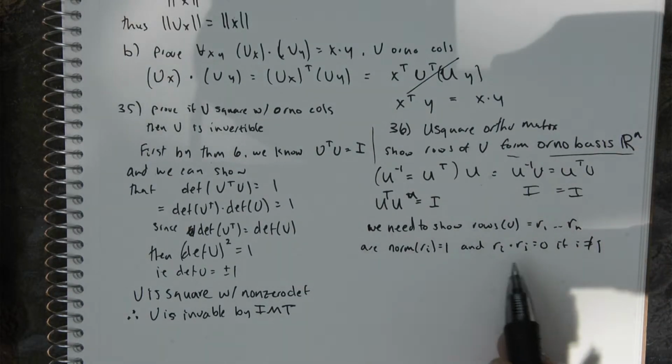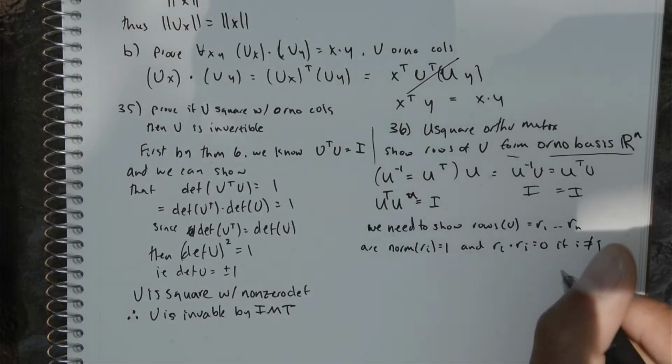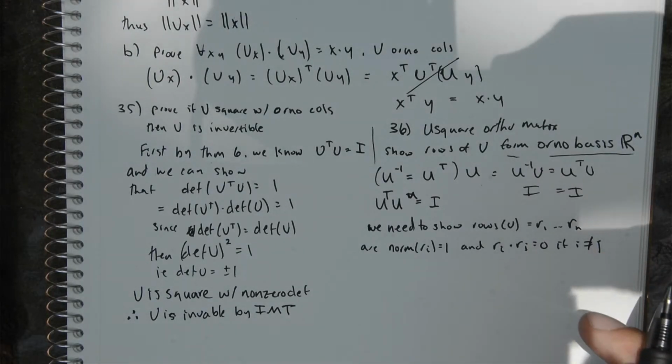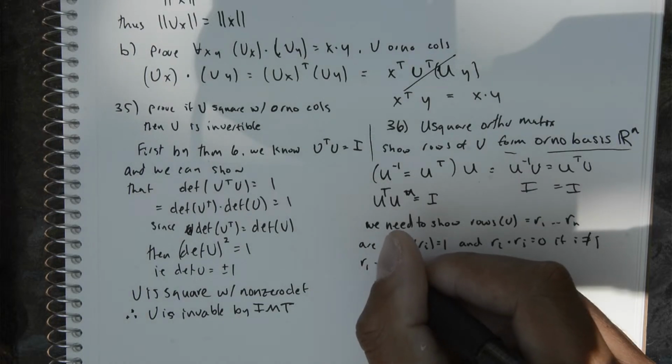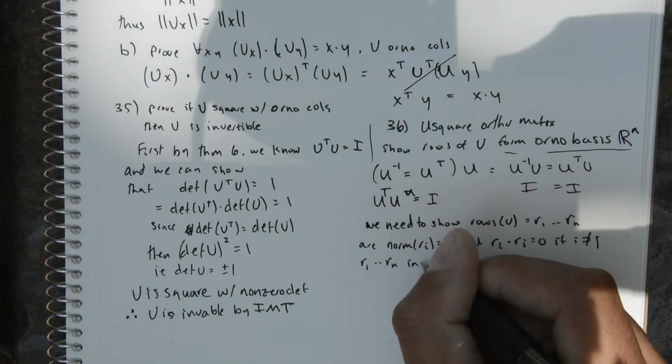So that's what it is. And I mean, this already gives us linear independence, right? That R1 to Rn are independent.